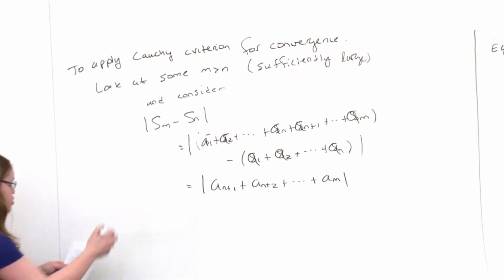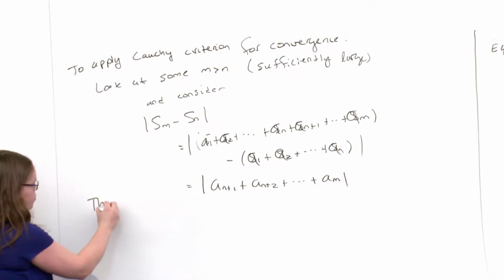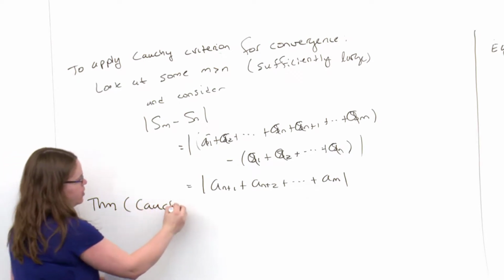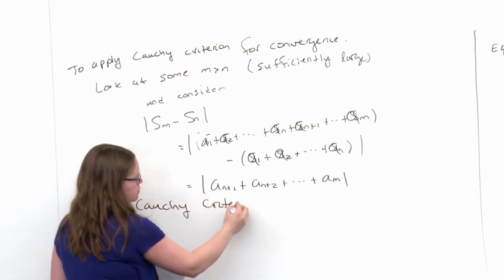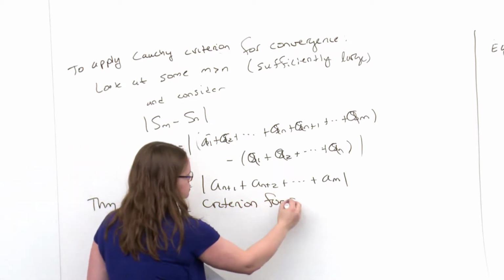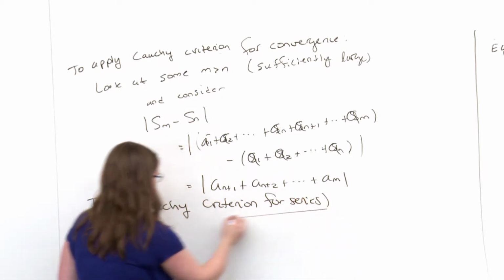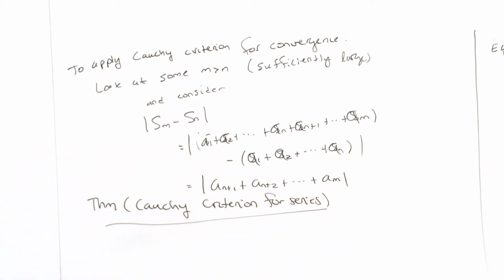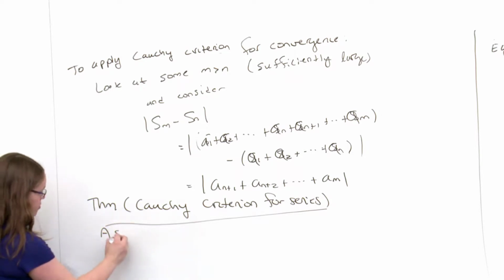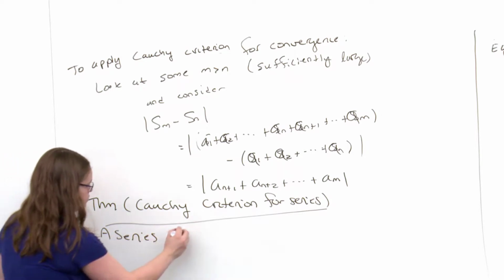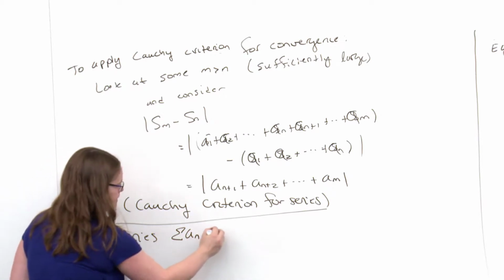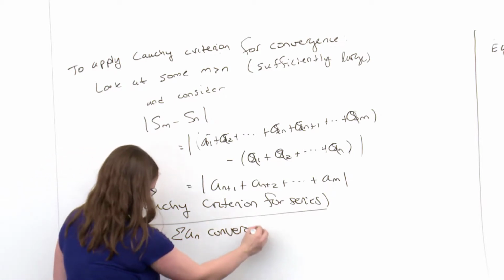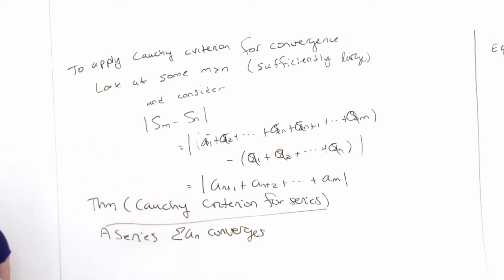So this is my definition, or my theorem, which we'll call the Cauchy criterion for series. Okay, so we're going to say that a series converges. We're not going to give the value here. We're not going to try to guess at the value here.